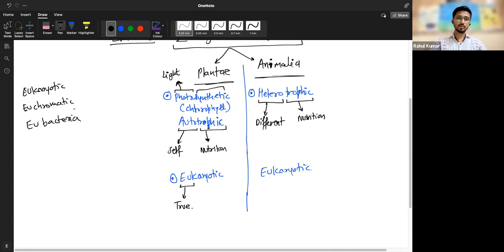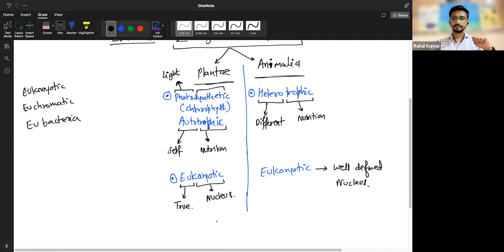True nucleus, true chromatin, true bacteria. And karyotic comes from nucleus or nuclear arrangement. So eukaryotic are those cells which have a well-defined nucleus. So that is called a true nucleus.